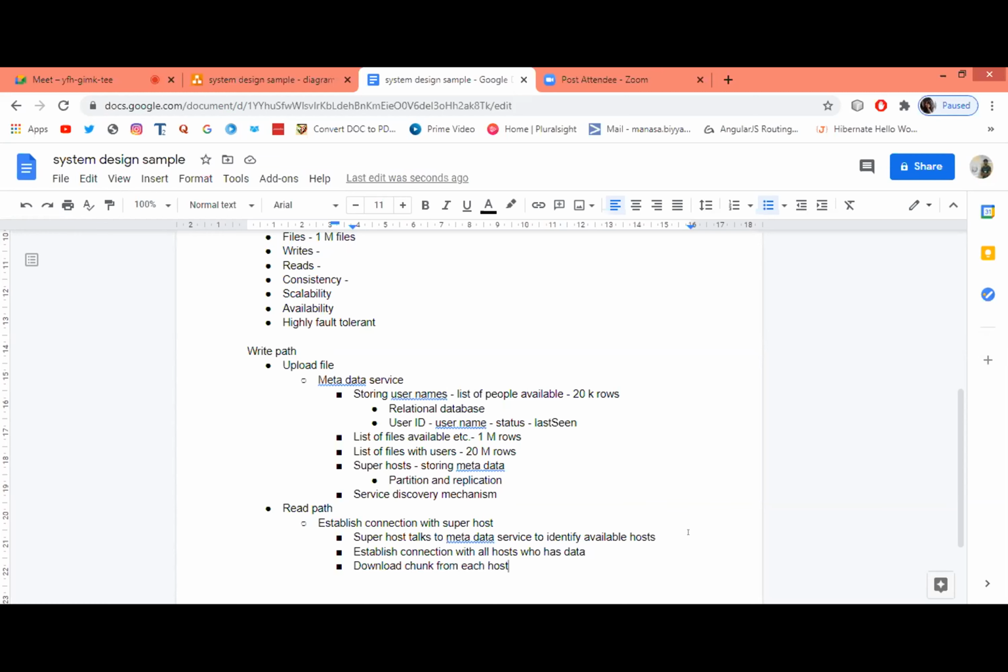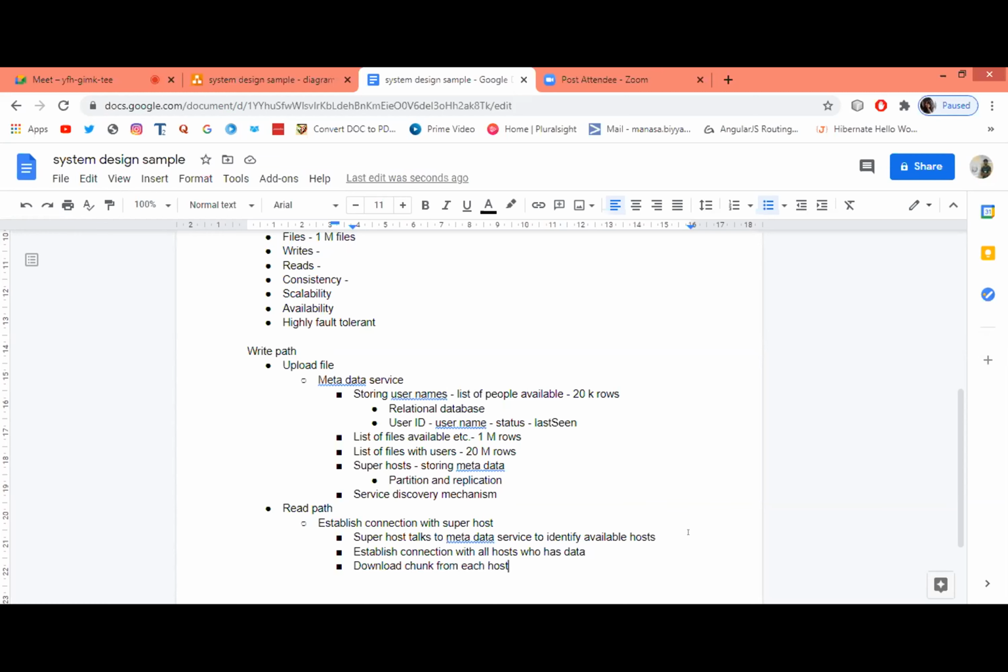Yeah, I think it's better to update the list dynamically. Once I download the chunk, I should give an acknowledgement to the superhost, and then it should update the list where all this information is available.